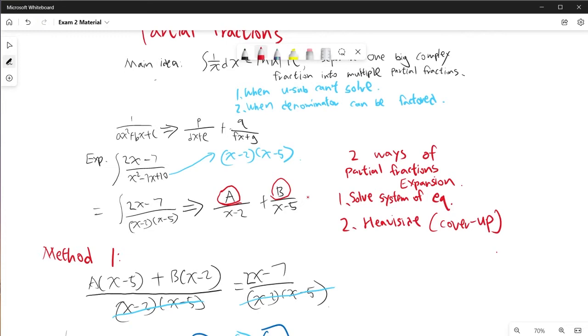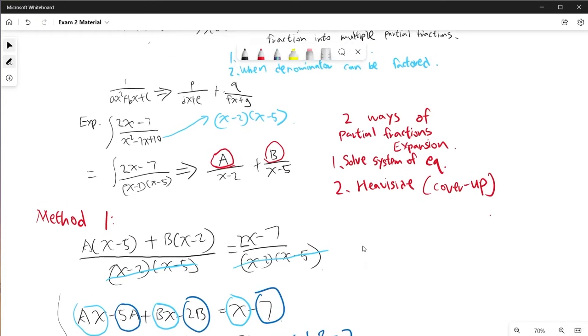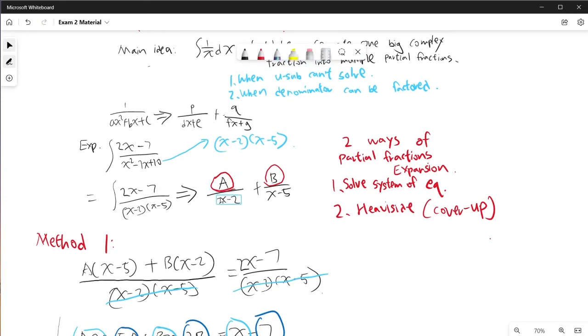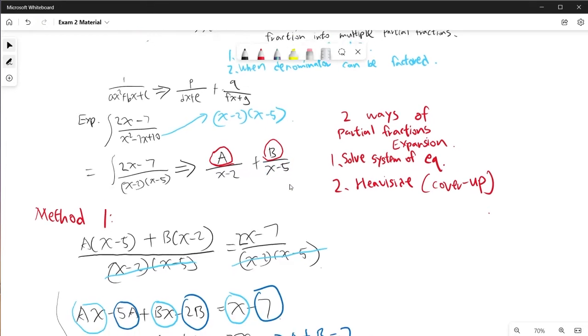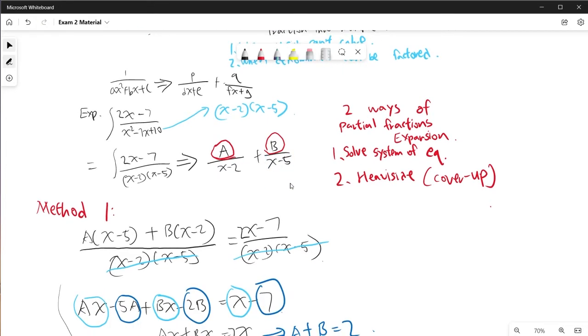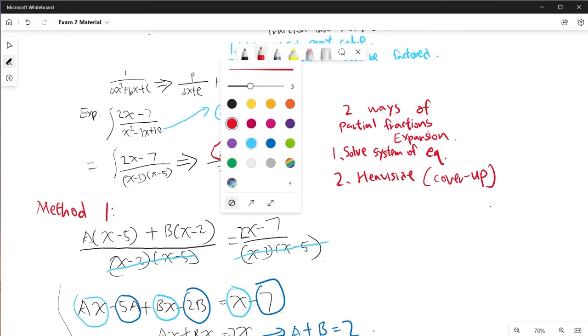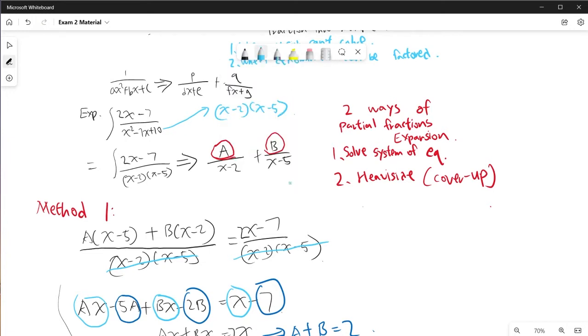But what I mean by solve system of equations: we have a over x minus 2 and b over x minus 5. Why did I set it up this way? I'm just making the fraction on the left equal to something simpler, two different fractions added to each other.